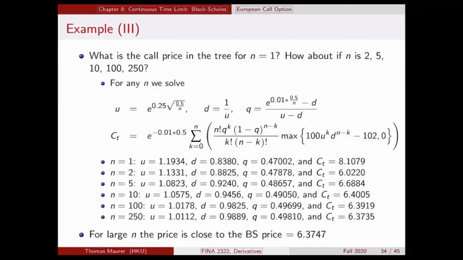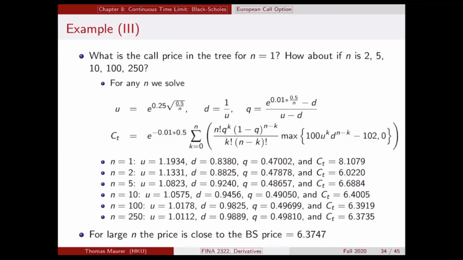Once we have our gross returns U and D and the risk-free rate, then we can look at different trees. We can do that for a tree with only one time step, and what we're going to do is just use our formula, which we have introduced earlier. If you have only one time step, we calculate now U, D, and that risk-neutral probability of an up movement in the tree.